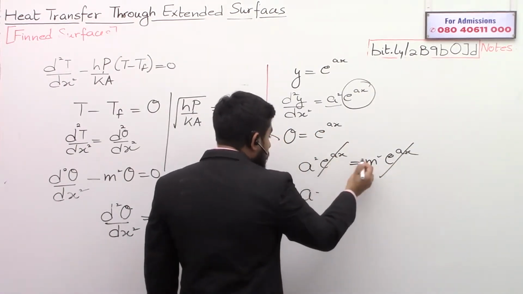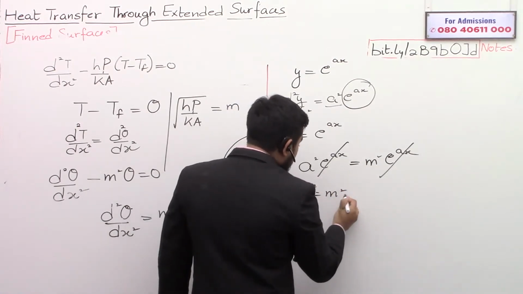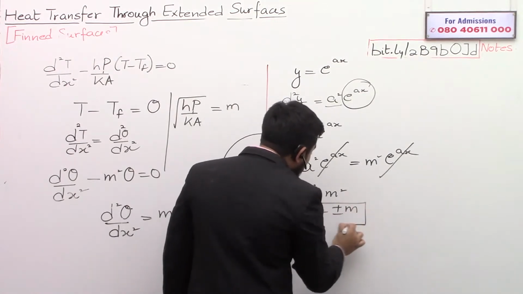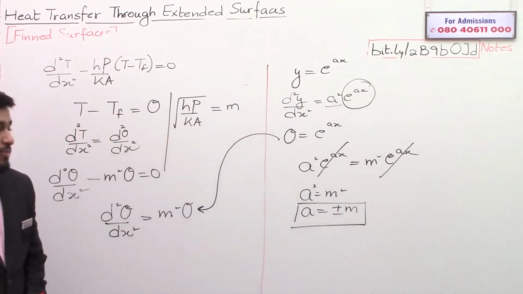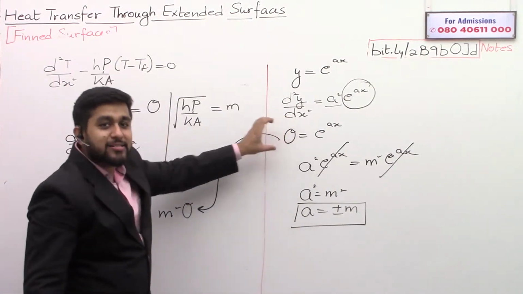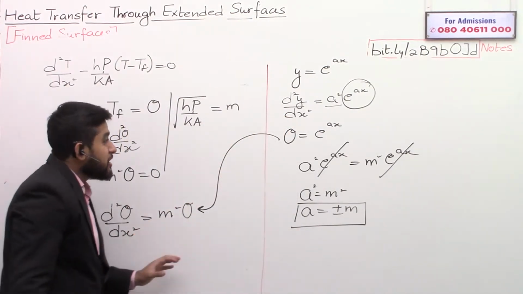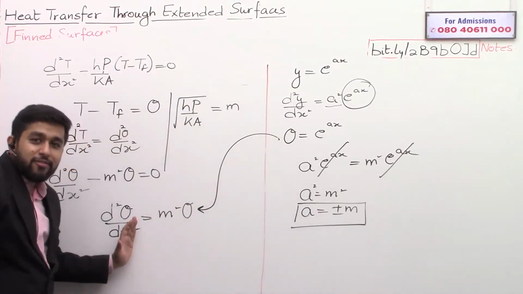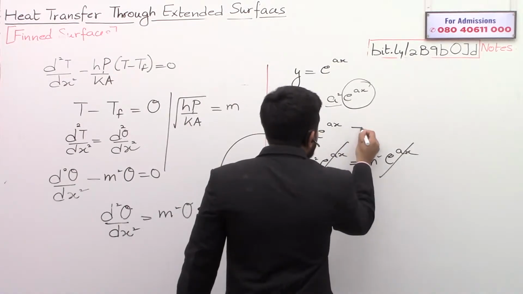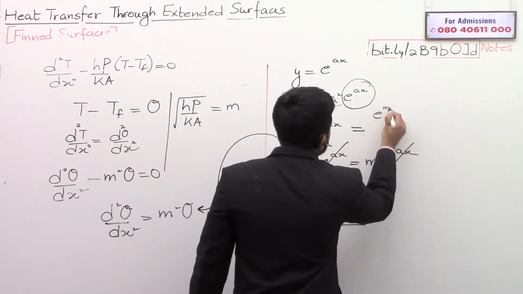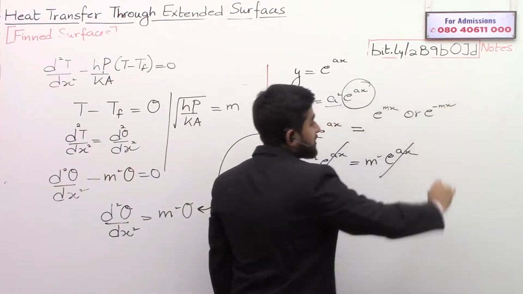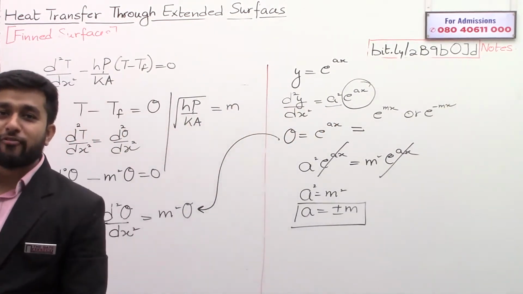This means a square equals m square, or a is equal to plus minus m. When a is equal to plus minus m, then theta satisfies the differential equation. Theta is the solution of the differential equation. So theta is either e raised to power mx or e raised to power minus mx. This is theta as a function of x.